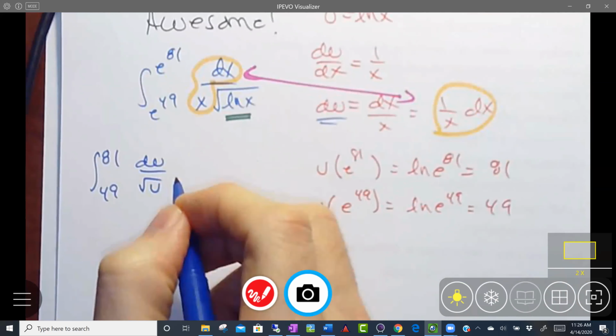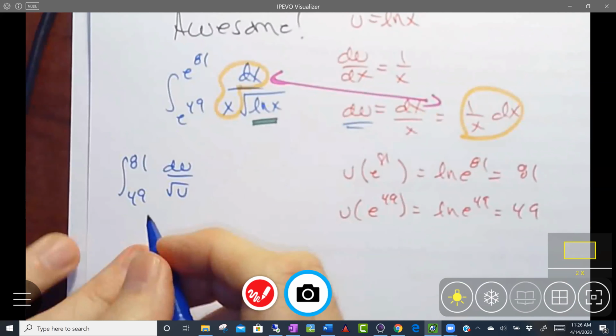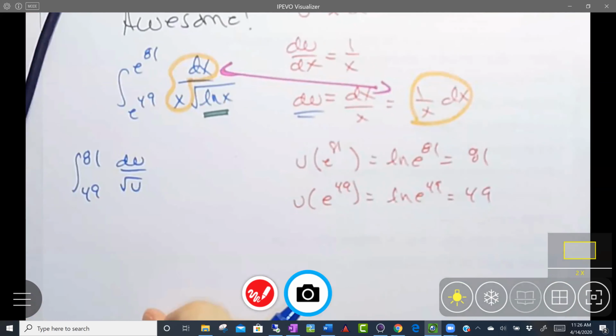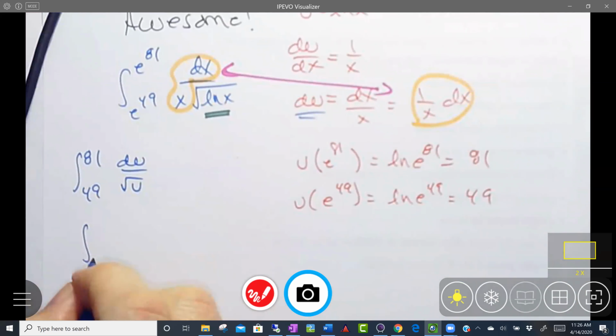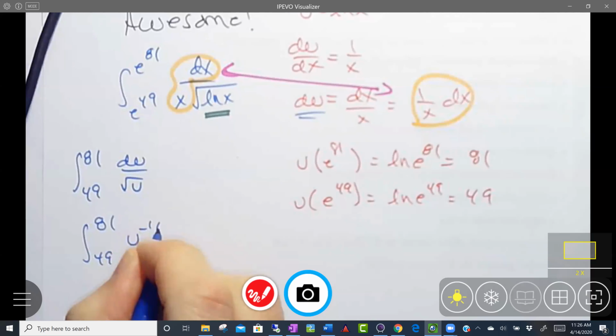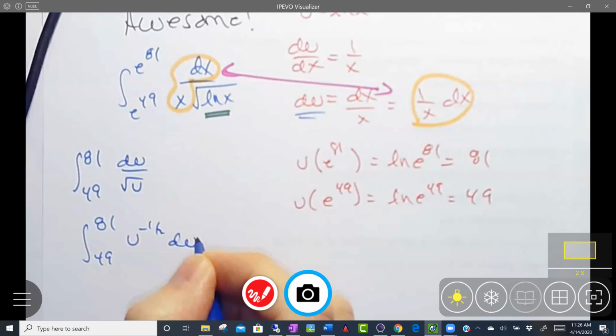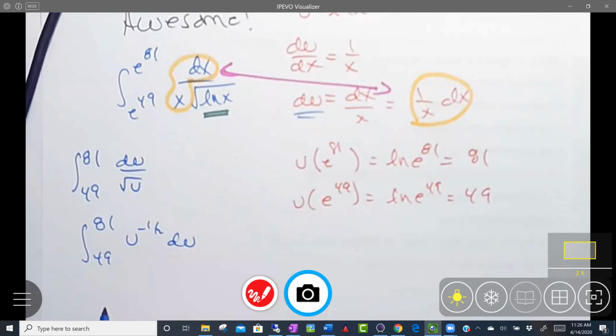How am I going to work with this, though? How should I rewrite this in order to move on? u to the negative 1/2. Perfect. u to the negative 1/2 du. Let's find the antiderivative.